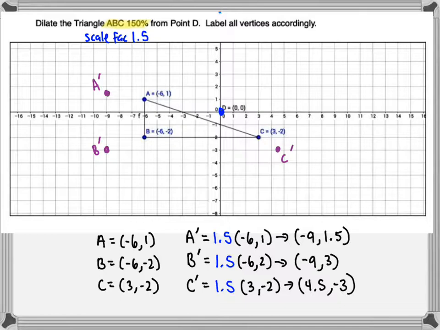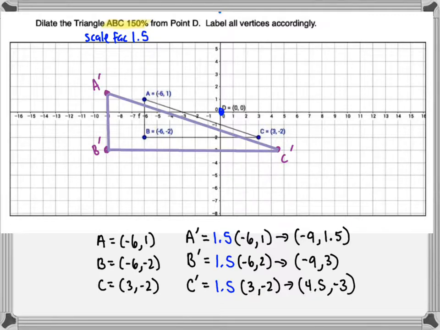Okay, so what we want to do is connect all these points up and see where this takes us. And there is our new triangle, A prime, B prime, C prime, and it has been enlarged by a scale factor of 1.5.